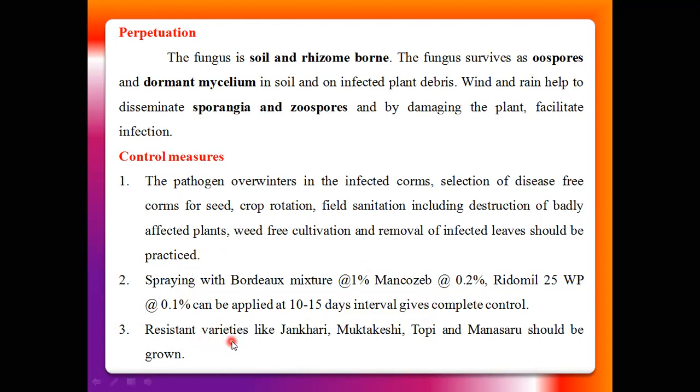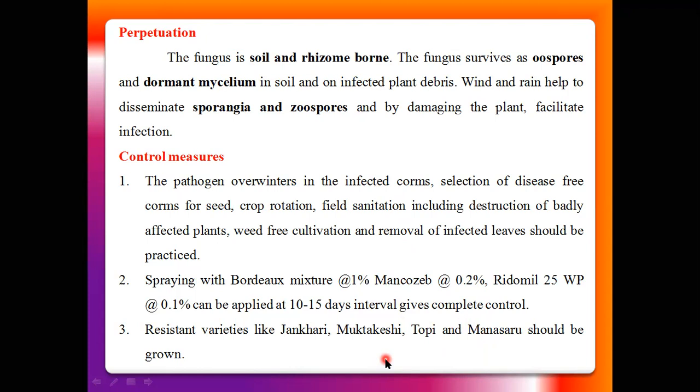Then use the resistant varieties, that is Jankari, Muktakesi, Topi and Manasuri. These varieties should be grown by farmers in fields, to completely eradicate or avoid the blight disease in Colocasia.